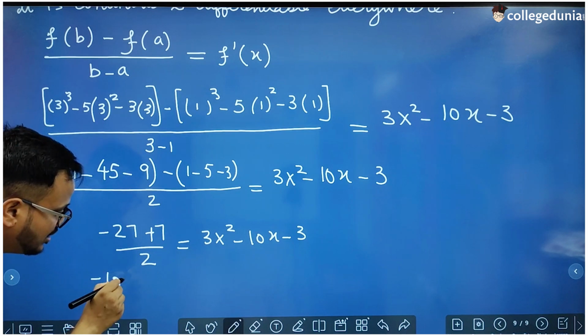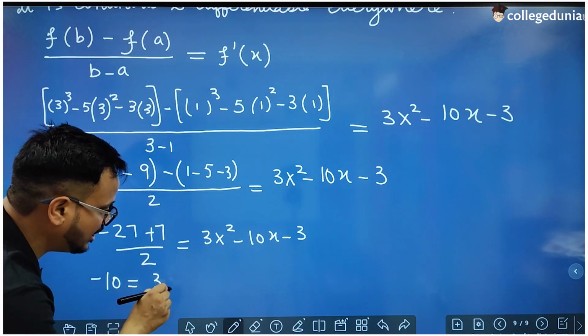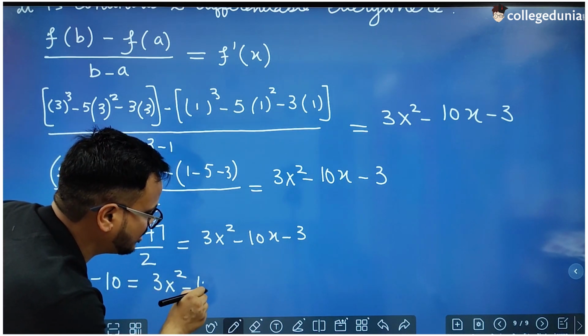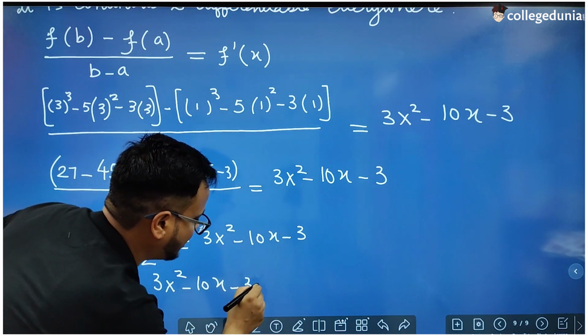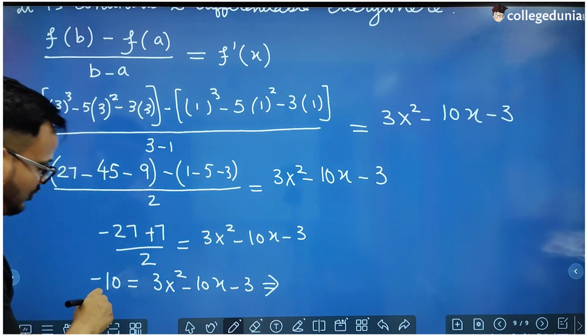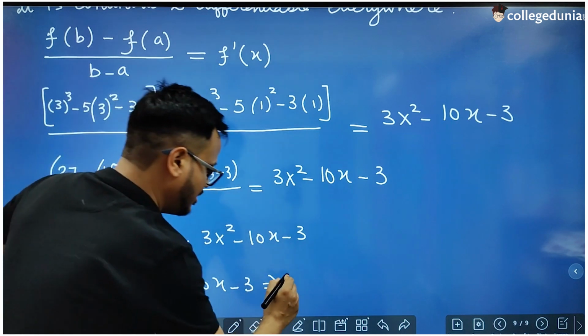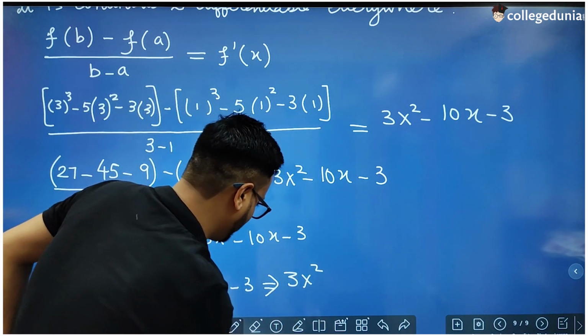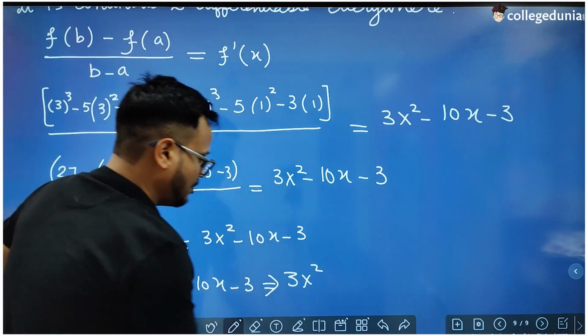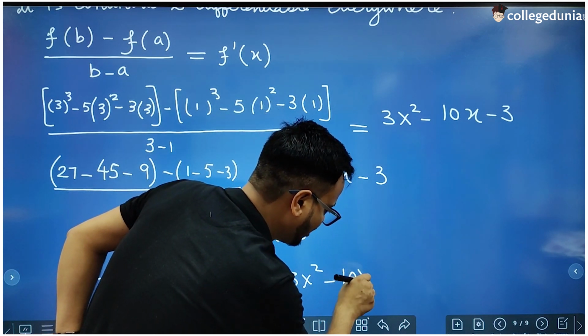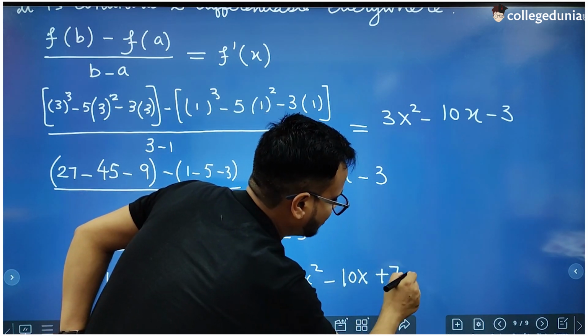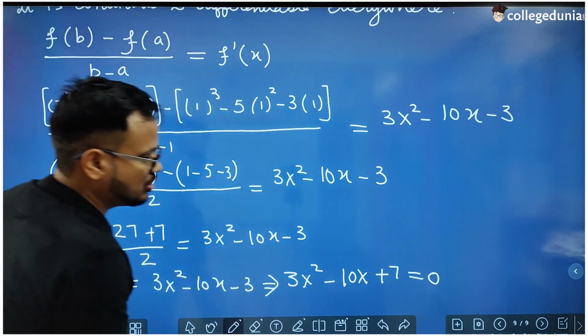So minus 10 equal to 3x square minus 10x minus 3. If we take minus 10 on that side, this equation is 3x square minus 10x plus 7 equal to 0.